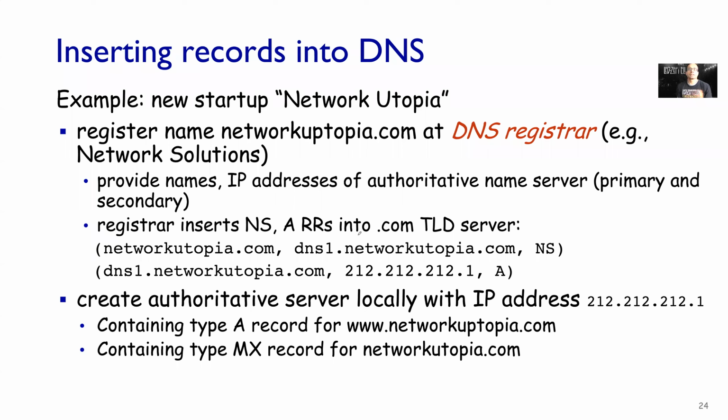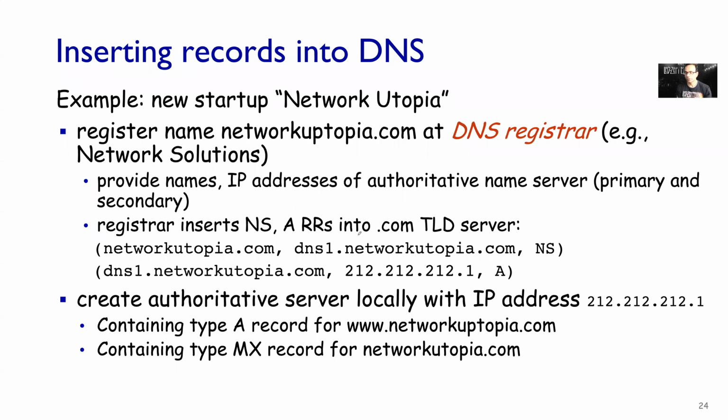Okay, now the question is, how does the authoritative name server actually create the entries, right? So imagine you are a startup. You've started a startup called Network Utopia. You want to set up your web server. You want to set up your mail server. You want to have all your employees have email addresses at networkutopia.com and so on and so forth.